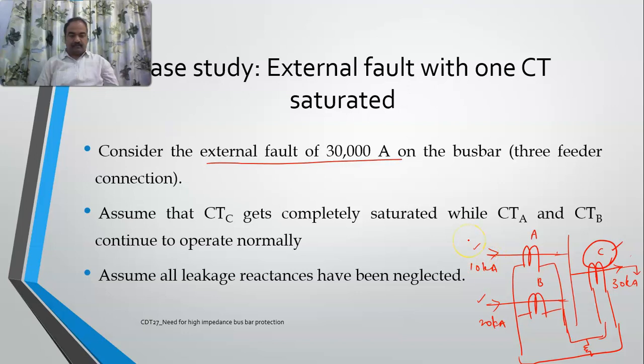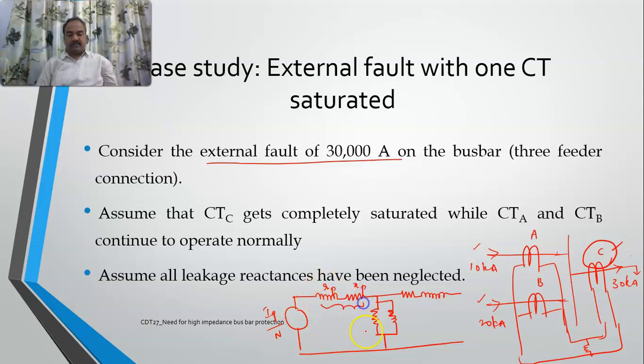And in the last class itself, we developed the equivalent circuit of a CT. Let me draw the equivalent circuit of the CT. This is IP by N, the primary current by transformation ratio, this is RP, this is XP.